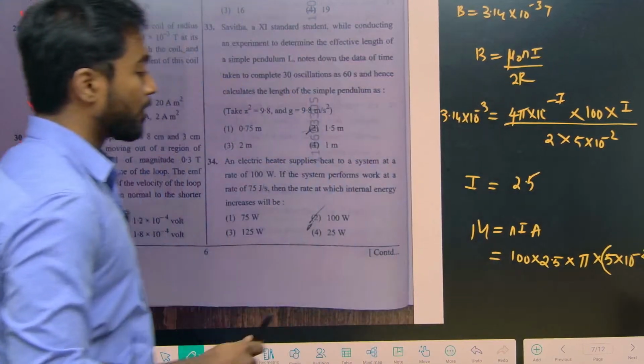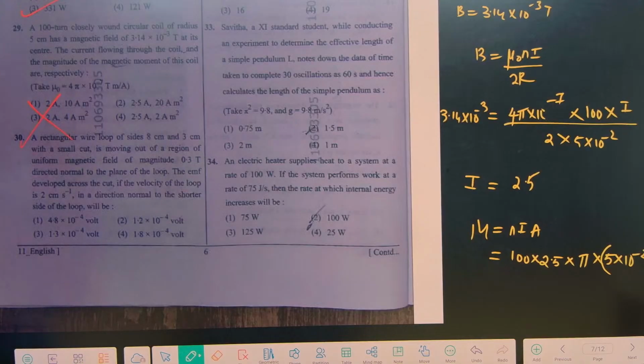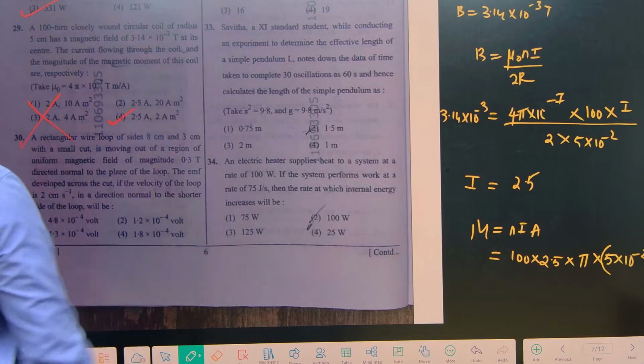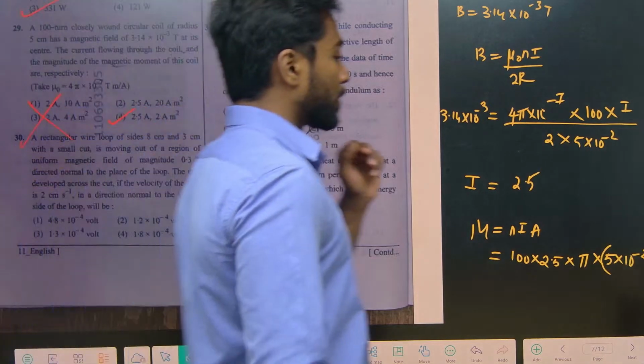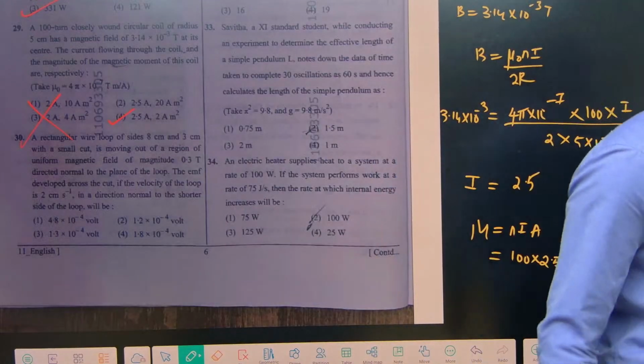When I solve this, we get approximately 2. They have given it in terms of A only, so I will take it in terms of A. 25 into 25 is 125, and pi is 22 by 7. So I get option 4 as the answer, 2 ampere meter square.